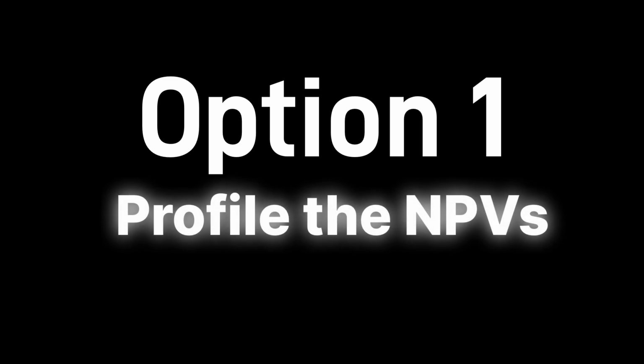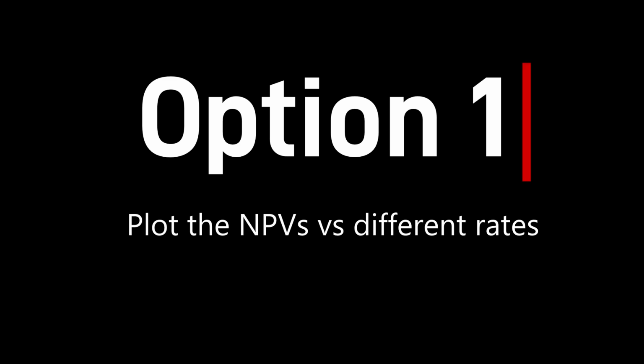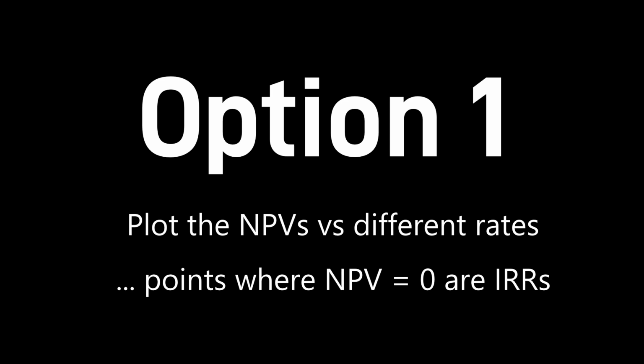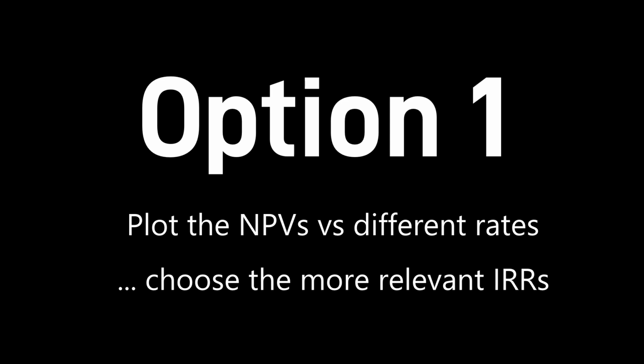So what should you do when you think IRR misbehaves or you suspect it will act weirdly? Well, here are three options. Option 1, use the NPV profile. Now, what do I mean by that? We will plot the NPV of your projects against different discount rates. The points where it crosses 0 are your possible IRRs. Now choose the one that's relevant to your required return range, usually the lower one that's positive.